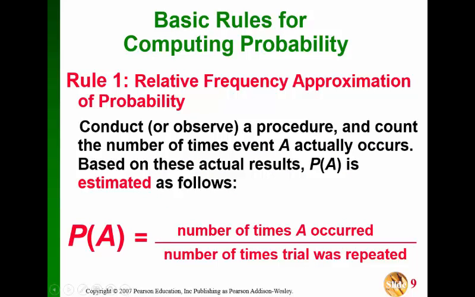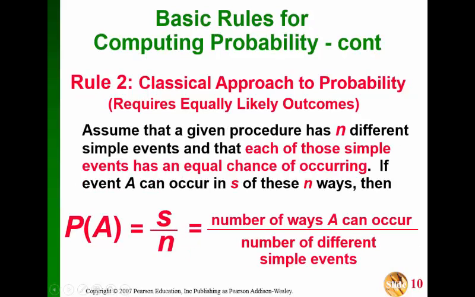Well, anyways, rule 1, the relative frequency approximation, and rule 2, the classical approach, have a connection between them. When we toss a coin 1,000 times and we got 530 heads, we didn't get exactly 1/2. 530 out of 1,000 is 0.53.